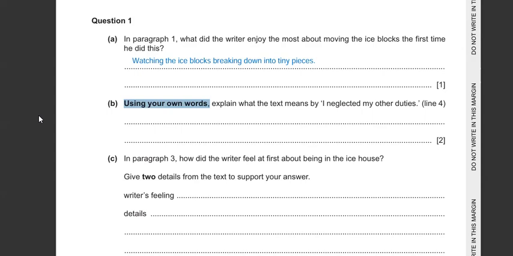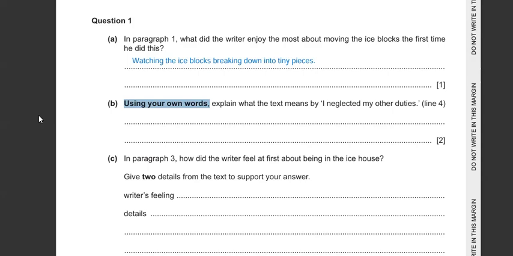I have discussed in my lectures before that if the question has already restricted you to use your own words and in your answer you have not used your own words, there are two particular conditions. Either you have picked up a longer piece from the text, which is not recommended at all, and maybe the examiner is going to cancel your answer.